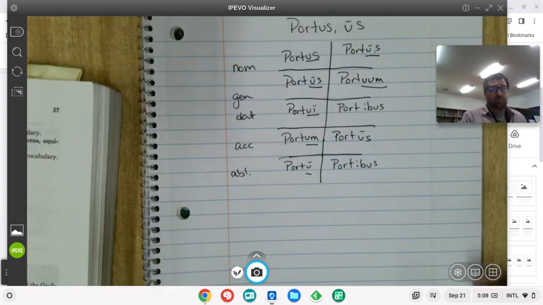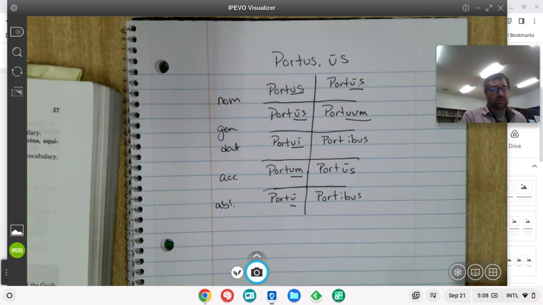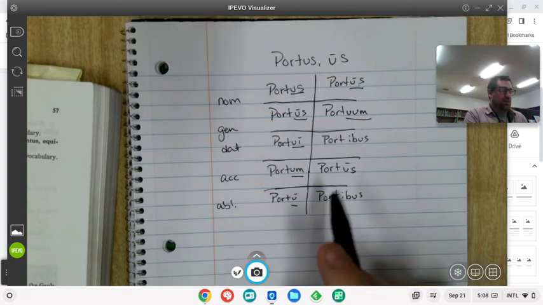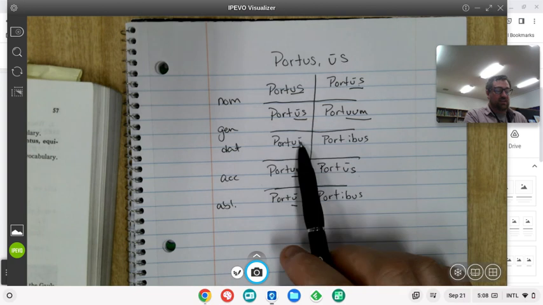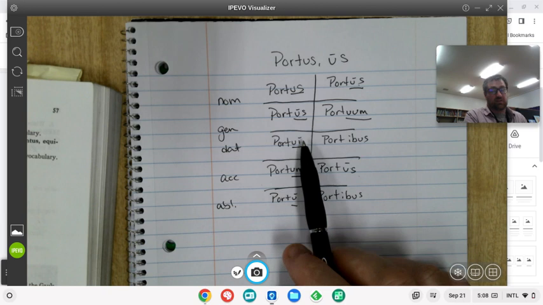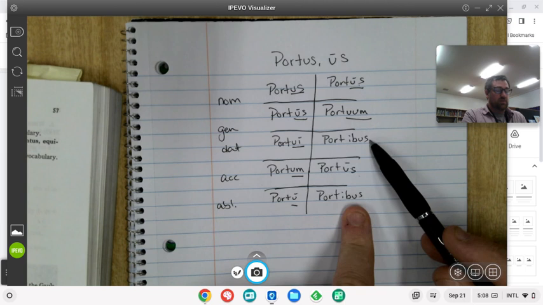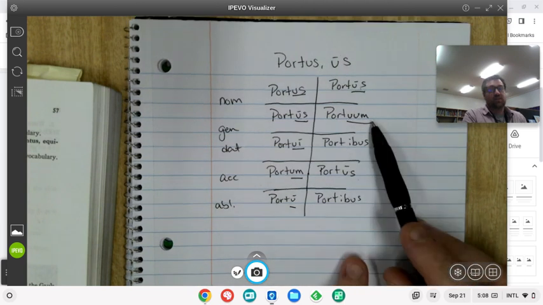Every time I give you a new declension, I like it when you identify similarities. So let's do that. The third declension, we had this e ending. Now it's just with a u with the i, so ui instead of just e, but we had an e for dative in the third declension, so that's not new. We had ibus in the third declension, so those are actually exactly the same.